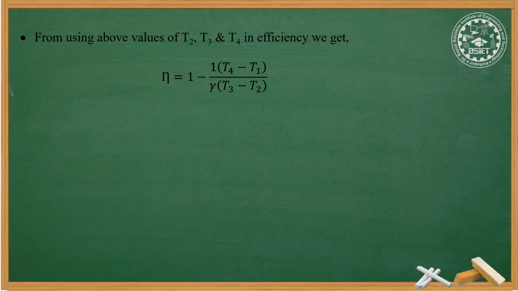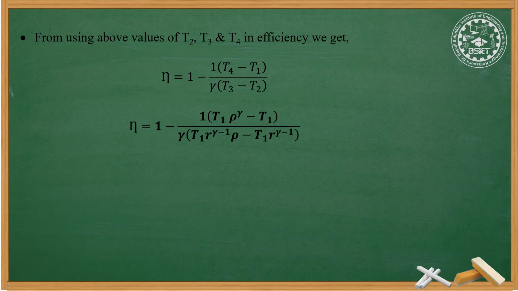The values that we have found for T4, T3 and T2 in respect to T1 are substituted: T1 rho raised to gamma instead of T4, minus T1, upon gamma into, instead of T3, T1 into r raised to gamma minus 1 into rho, minus T1 r raised to gamma minus 1.